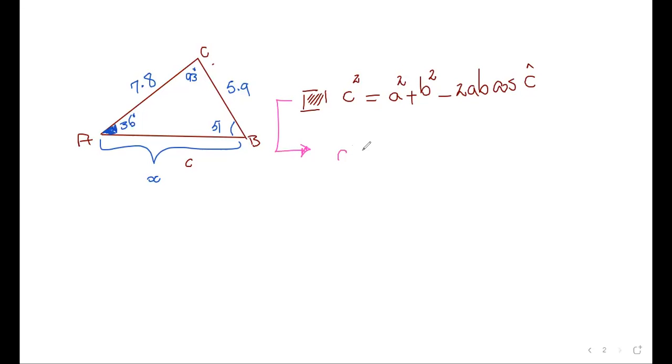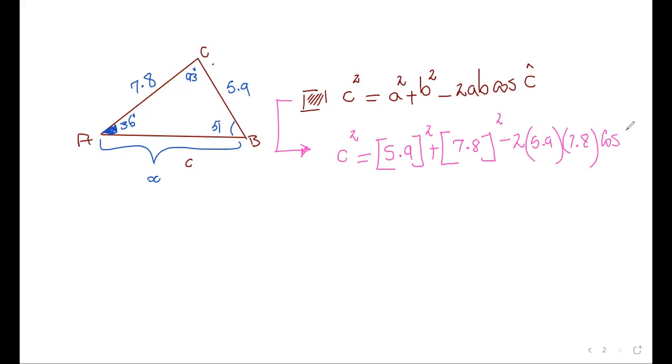This method says that C squared equals, how much is A squared? 5.9 squared plus, let's say, B squared, which is 7.8 squared, minus 2 times 5.9 times 7.8 times cosine of 90 degrees.